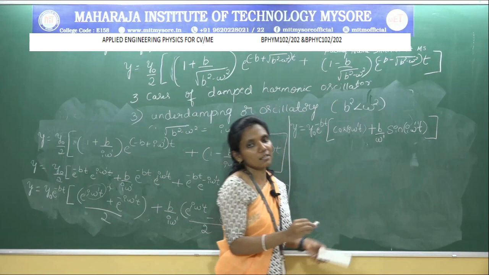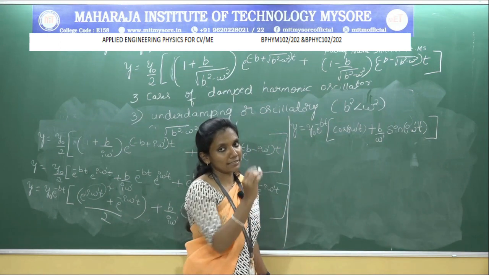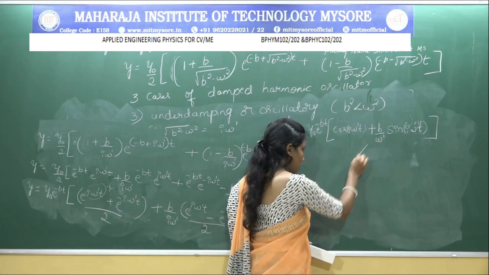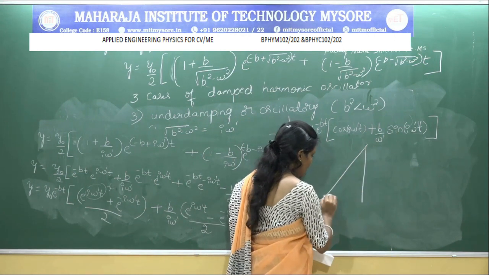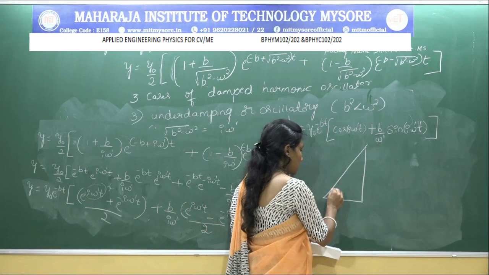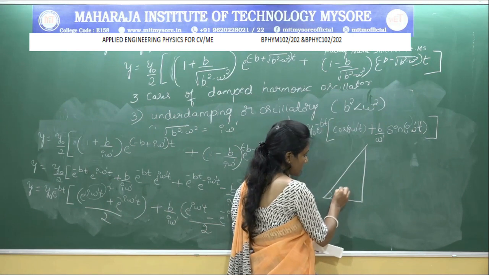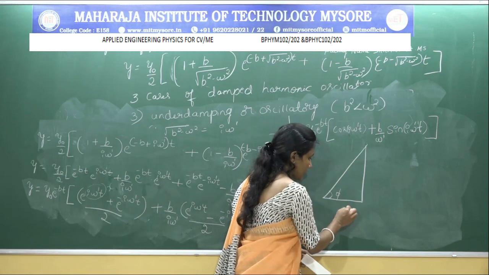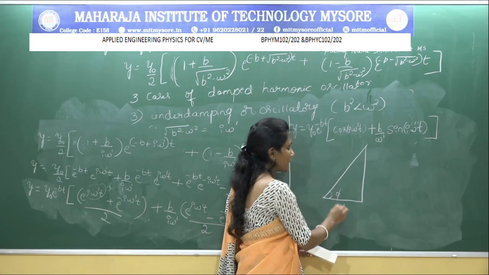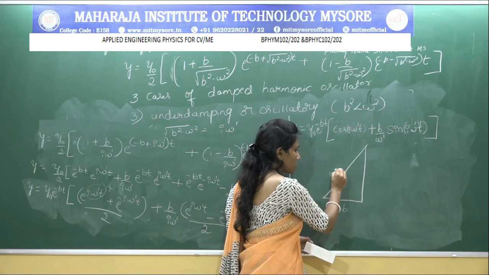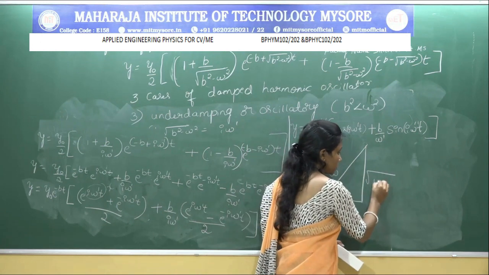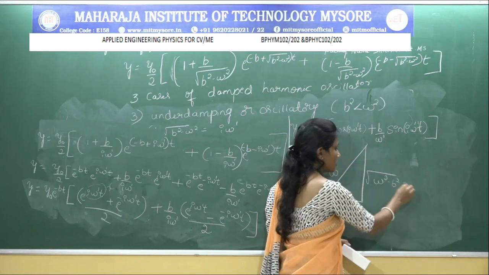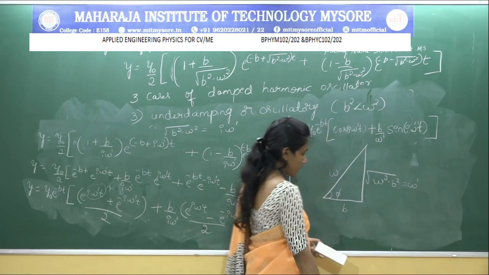When the particle is oscillating in the case of under damping, what will happen? If we consider a right angle triangle, the particle is oscillating with phase constant phi, with small damping and larger angular frequency. The side opposite is root of omega square minus b square, that is omega prime.